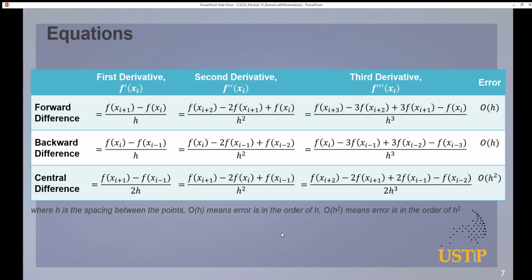The equations, we have the first derivative, second derivative, third derivative, and their errors. We won't discuss those now, but I'll mention something about them later on. Basically, these equations have been derived using the fundamental definition of the derivative, the limit theorem.